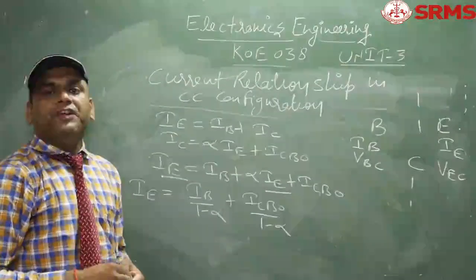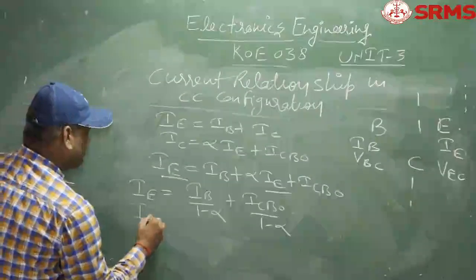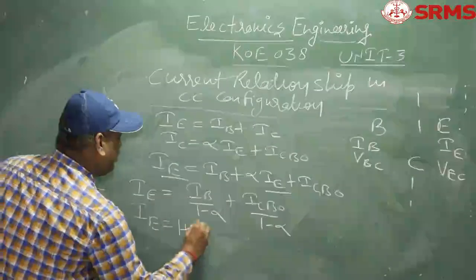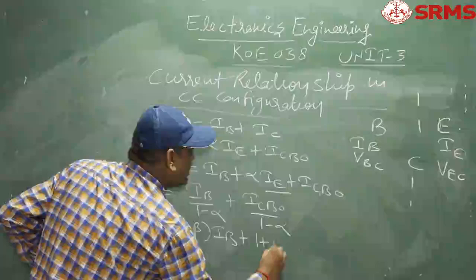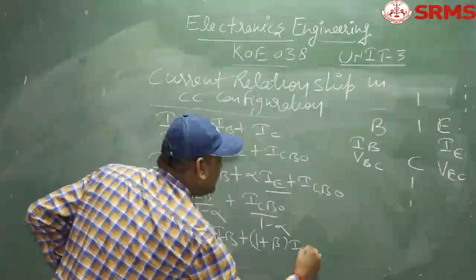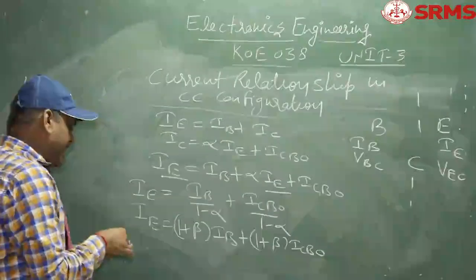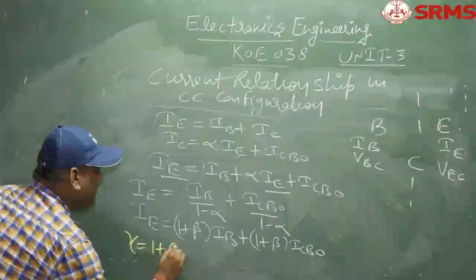In the previous configuration, we already determined that 1 divided by 1 minus alpha is equal to 1 plus beta. So IE can be written as 1 plus beta times IB plus 1 plus beta times ICBO. We define 1 plus beta as gamma. So let us assume gamma is equal to 1 plus beta.